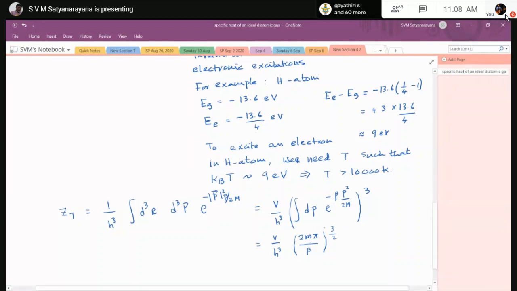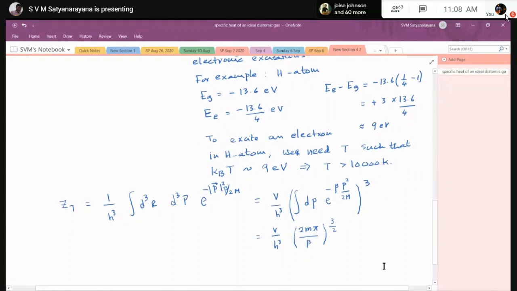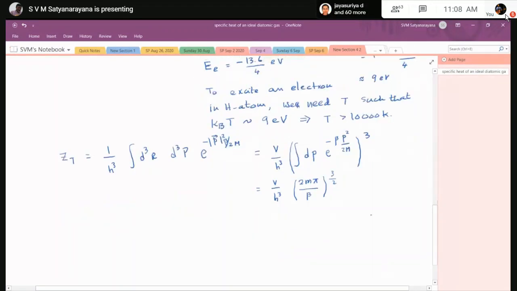Now you can actually remember this, it is very easy to remember and write. Sir, that should be capital M, no? Two capital M, sir. Yeah, yeah, two capital M. Look at this carefully.